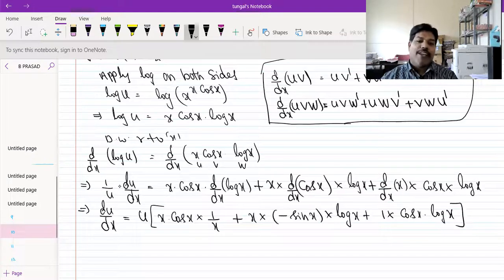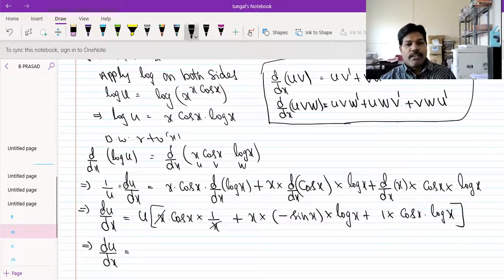Derivative of u, v, and w. So what happens? Here the x and the x will be cancelled. So that implies du by dx. What is the u value, students? u is x power x cos x, into x, x will be cancelled.